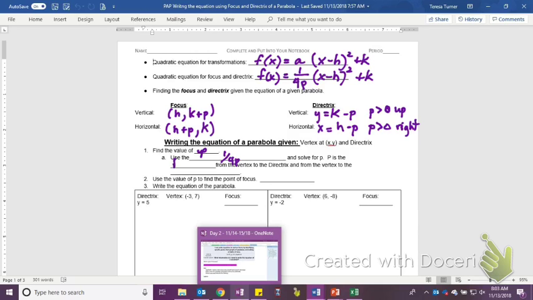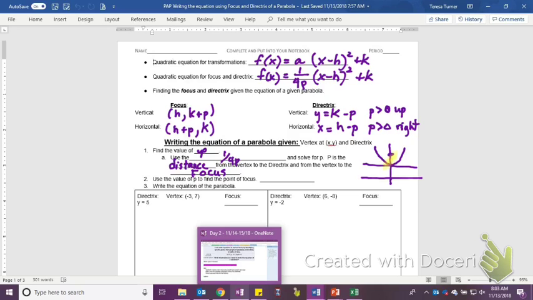P is the distance from the vertex to the directrix, and it's also the distance from the vertex to the focus. So if I have a graph, and this is my parabola, the distance from here to here is equal to the distance from the vertex to the directrix.